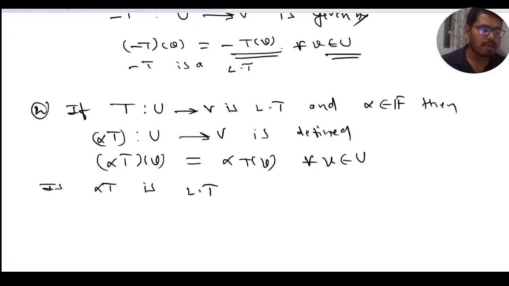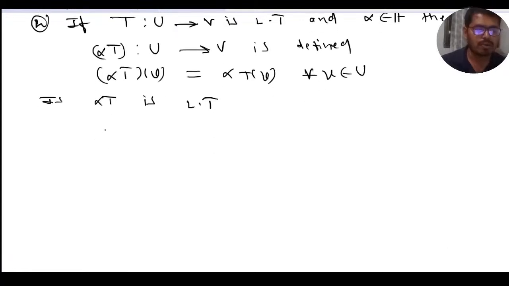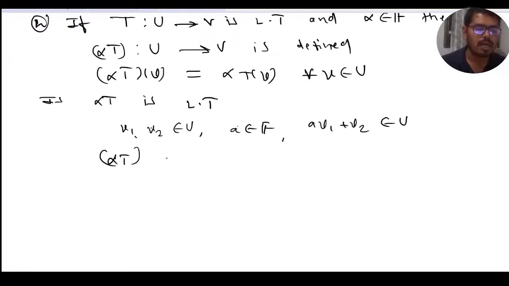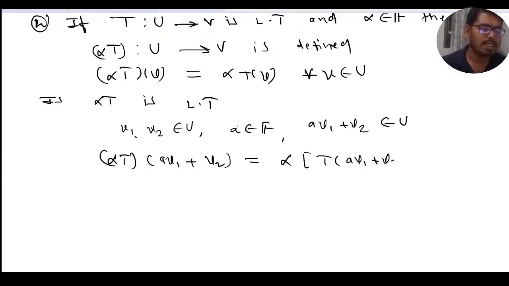First of all, take two vectors v1 and v2 from the domain, and a is any scalar in the field F, then a v1 plus v2 is in U. Then apply alpha T. Alpha T of a v1 plus v2 is defined as alpha times T of a v1 plus v2.